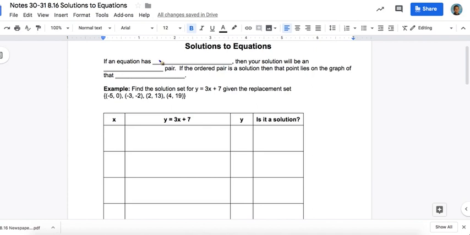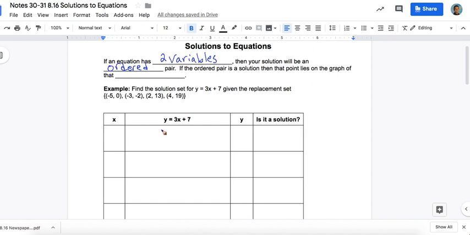So if an equation has two variables, then your solution will be an ordered pair.